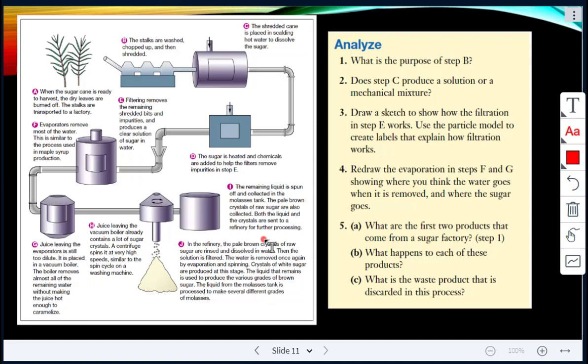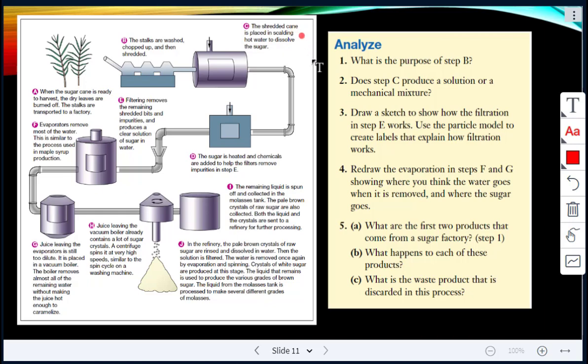When we're looking at step C, is it a solution or a mechanical mixture? Because there is still shredded cane present, the shredded cane is being placed into that hot water to dissolve the sugar, but the shredded cane is still present. It is still a mechanical mixture.